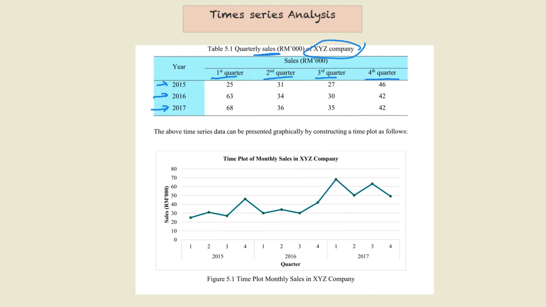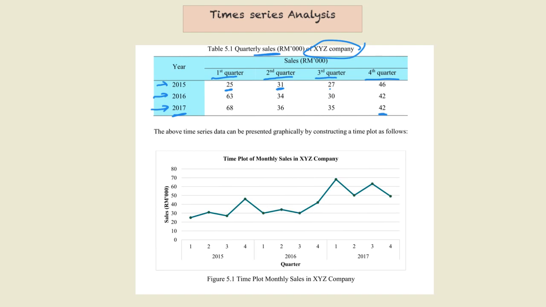The sales for the first quarter of year 2015 is 25,000, and then for the second quarter of 2015 the sales is 31,000, and so on, until the end of the data, which is for the year 2017. For the fourth quarter, the value is 42,000.